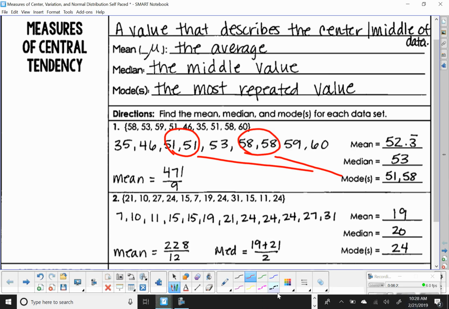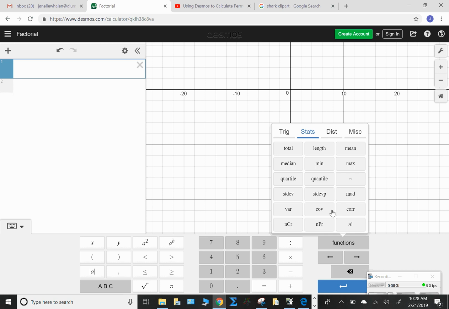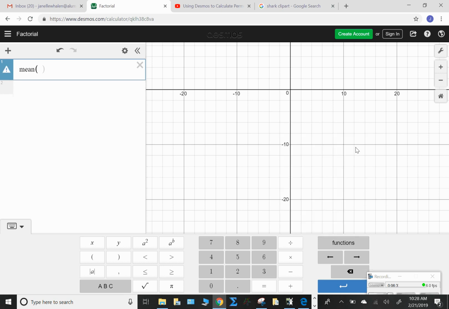Now, what if you want to put this into Desmos? Well, Desmos, I've got to put my data in. So I'm going to go to Functions, and I can tell it I want the mean.